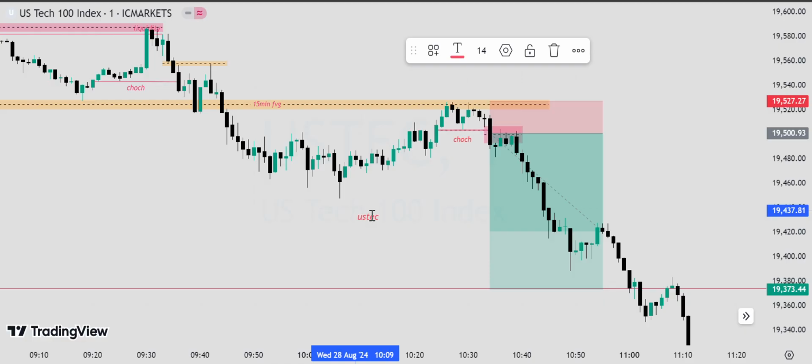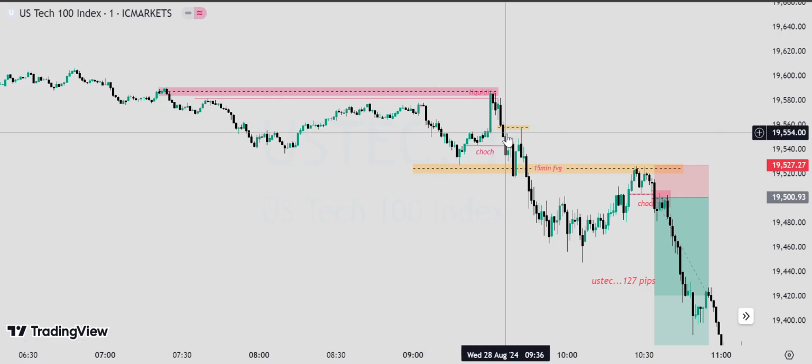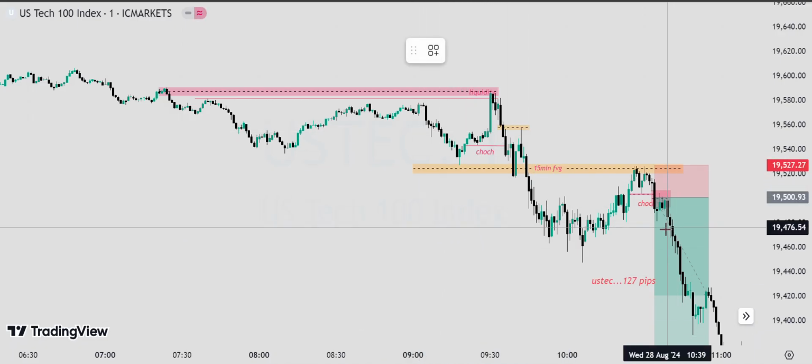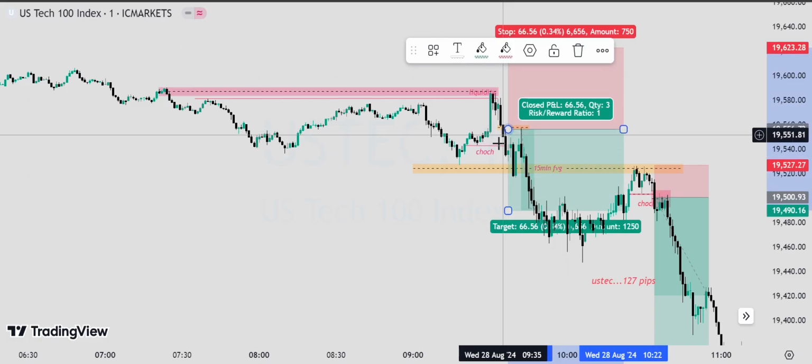Here it gave us 127 pips, and up there, here it gave us this 1 day. Imagine, in a matter of seconds, it gave you 2 opportunities, and that's another one.